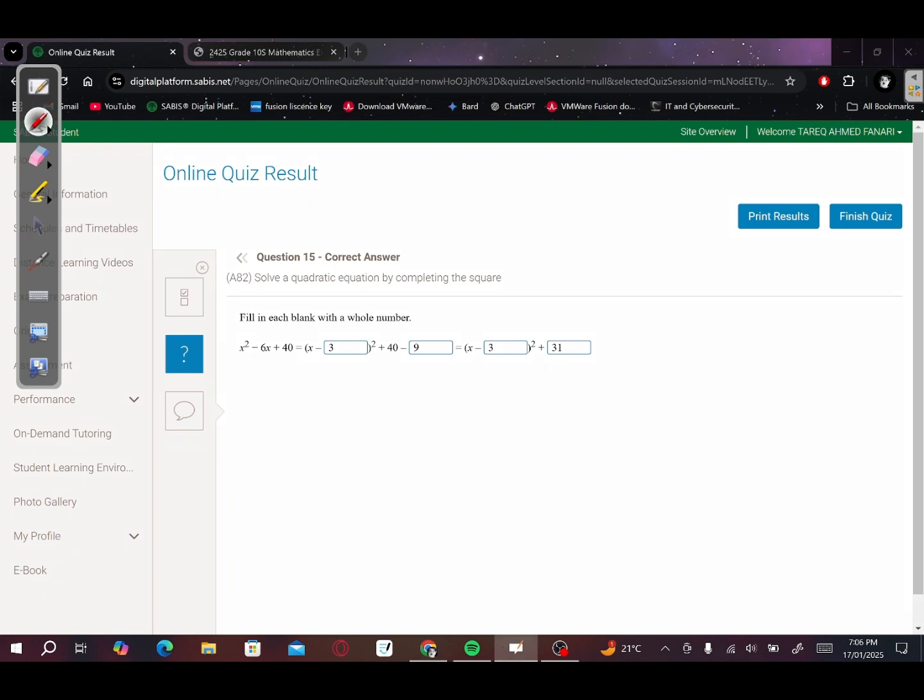Okay. For this one, just completing the square. So x squared minus 6x plus 40. Now just complete the square. Nothing to take out, so it's going to be x squared minus 6x plus 40. What we're going to do now is take half of the 6, which is 3, and square 3, which is going to be 9.